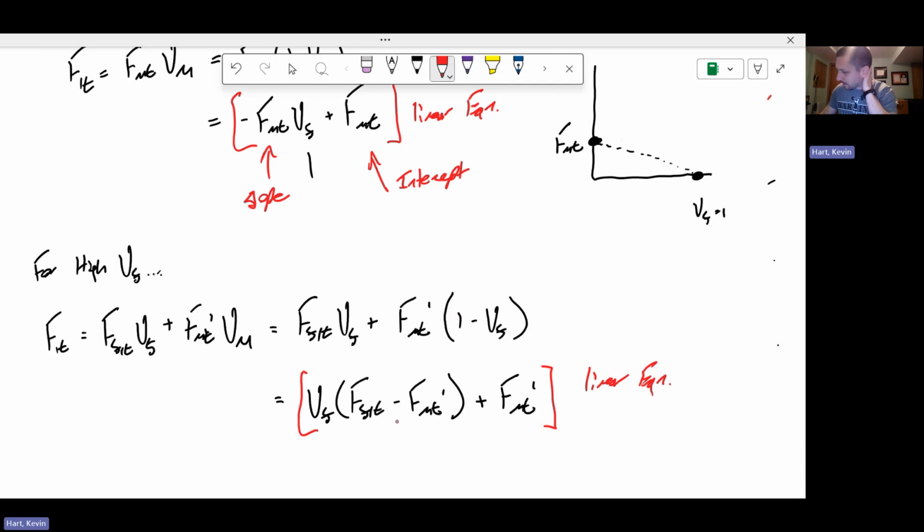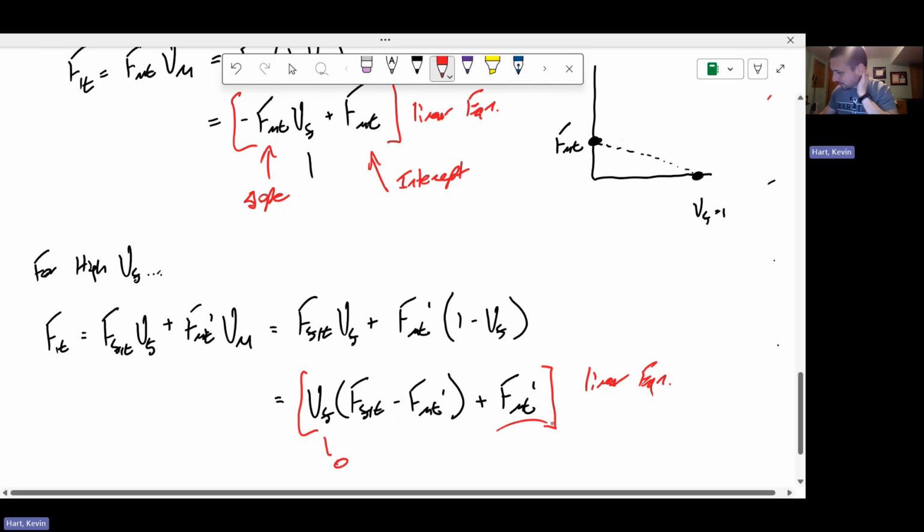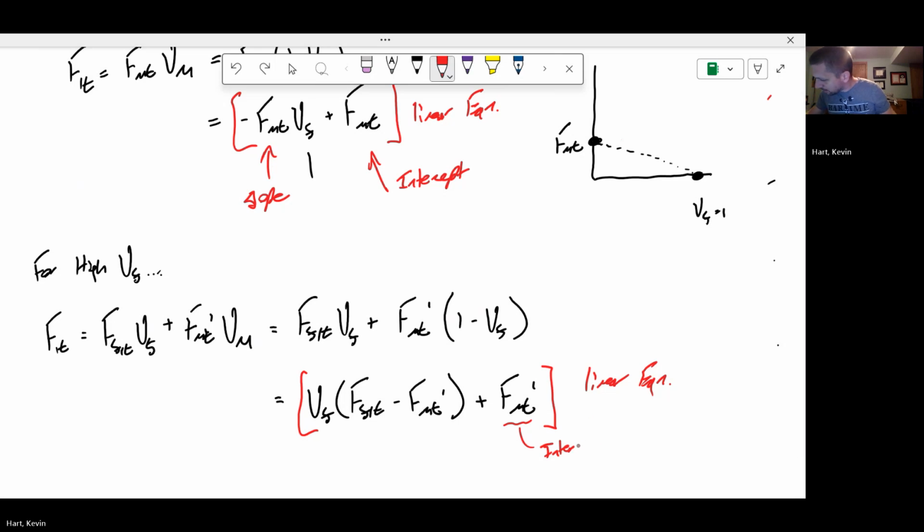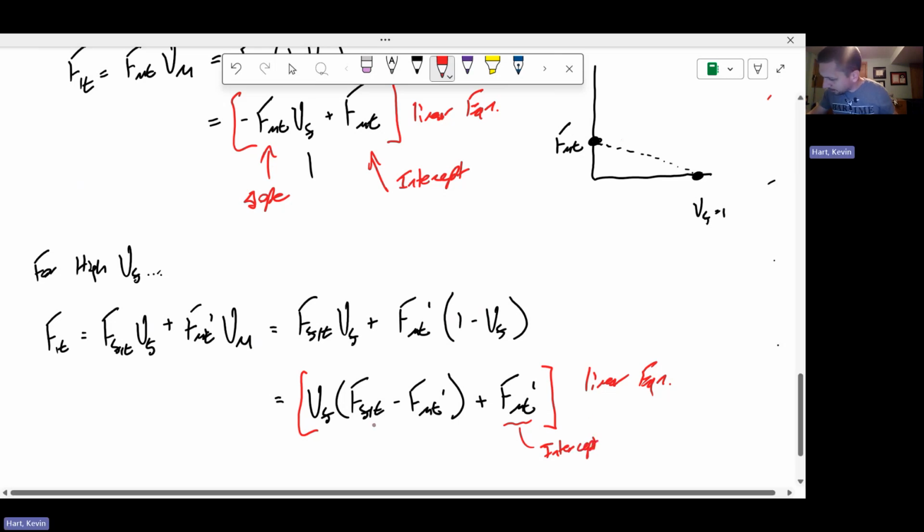And if VF is equal to 0, what's going to happen? Well, we're going to have an intercept here with FMT prime. So this is your intercept, and this here is your slope. Okay. Hopefully that's clear.